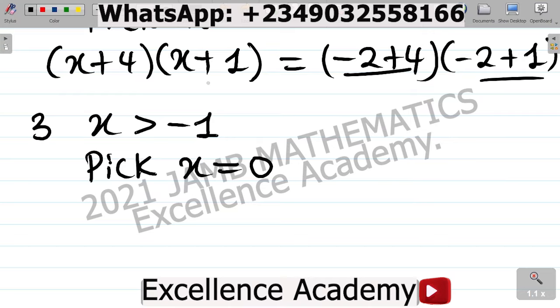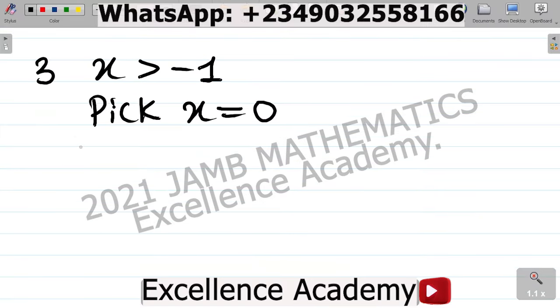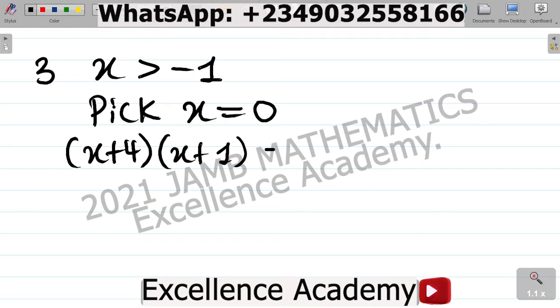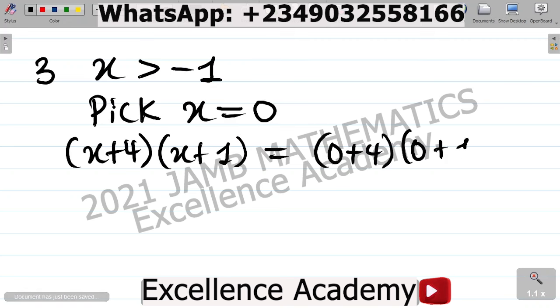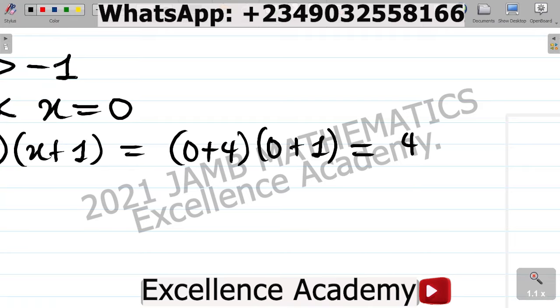Okay, let's put x at 0 into the function. The function there was x plus 4, and then x plus 1. So if x is 0, it becomes 0 plus 4 and then 0 plus 1. And that's equal to 0 plus 4 is 4, 0 plus 1 is 1, 4 times 1 is 4.